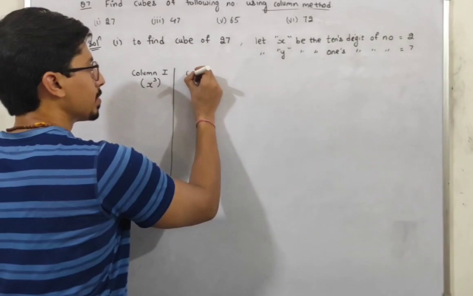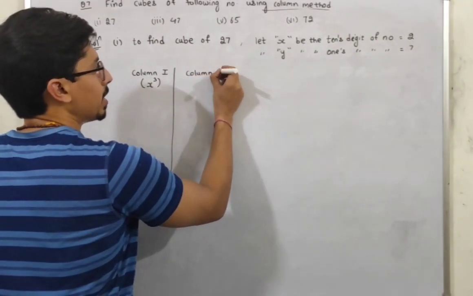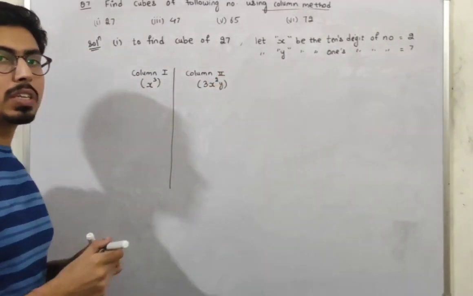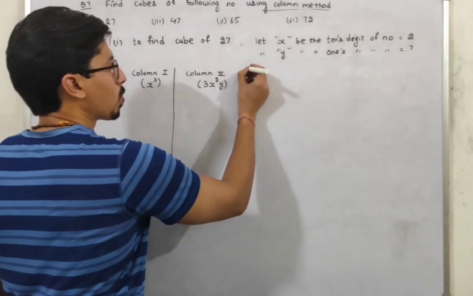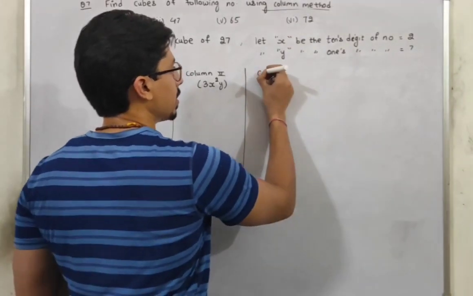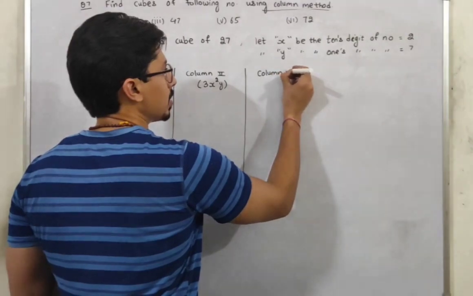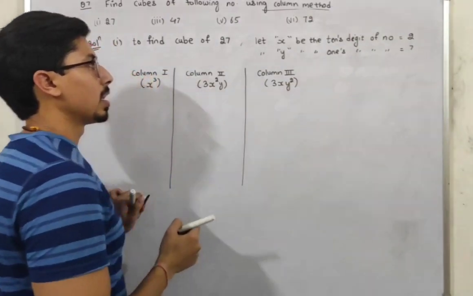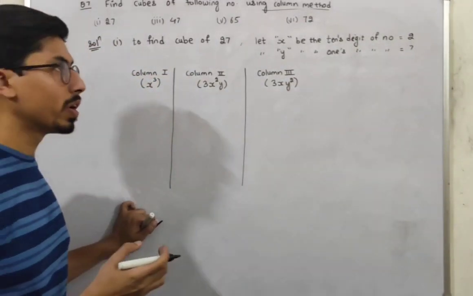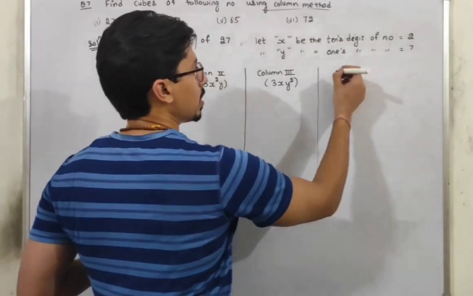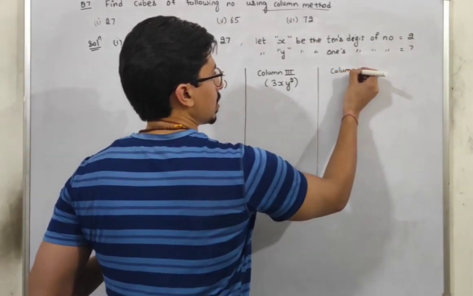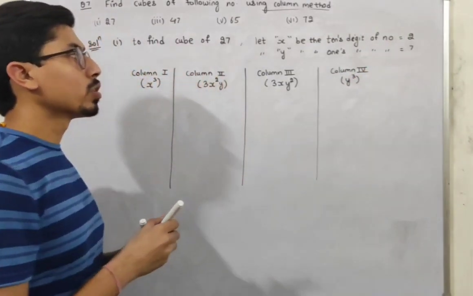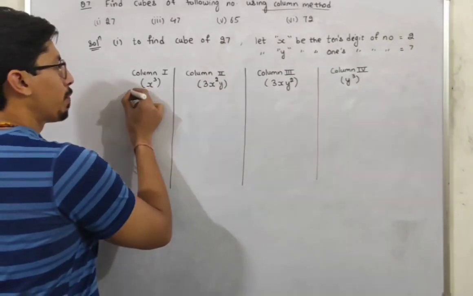The third column contains 3xy square, and the last column contains the value of y cube. So first of all, find these values.